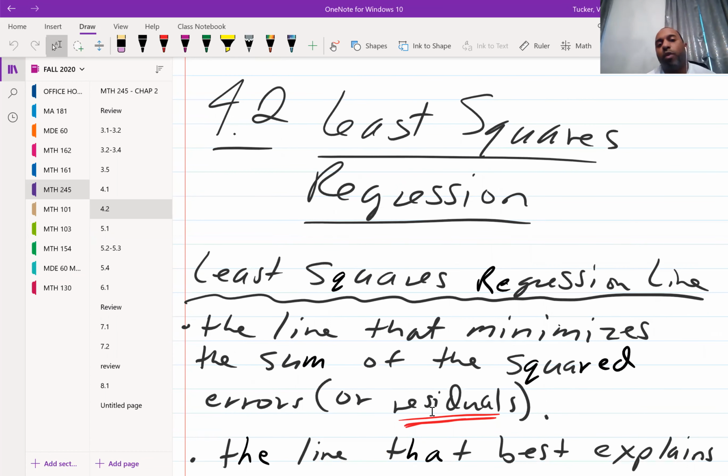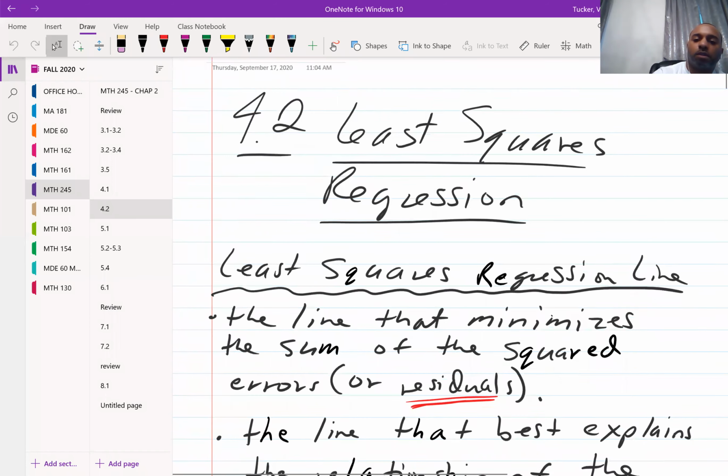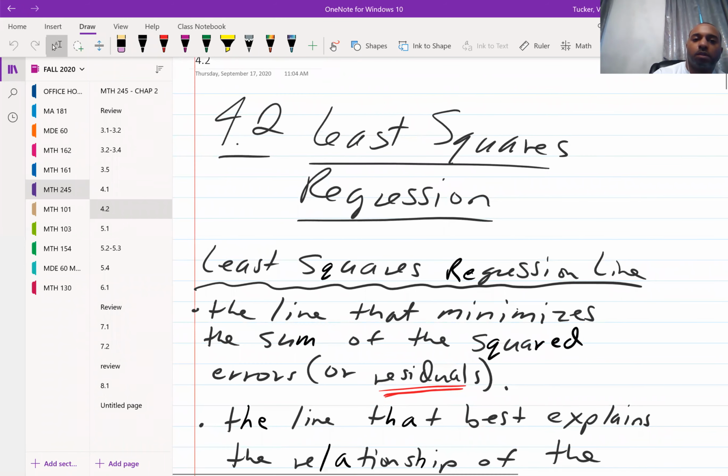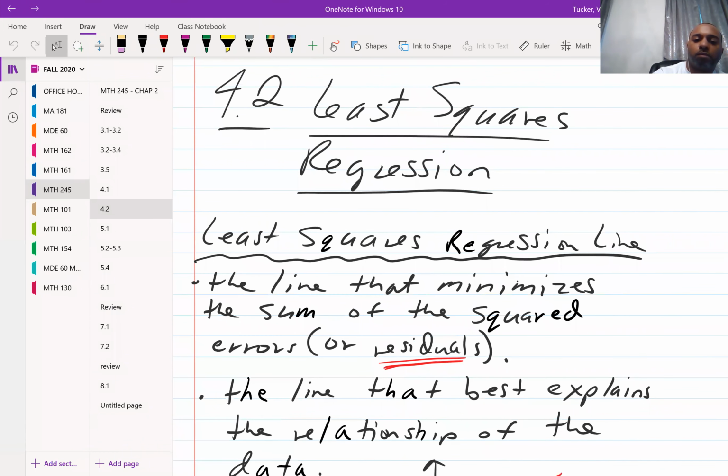All right, so 4.2, least squares regression, is the line that minimizes the sum of the squared errors or residuals. It's the line that best explains the relationship of the data.